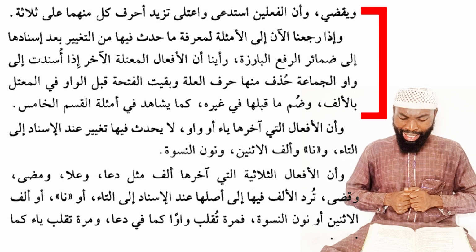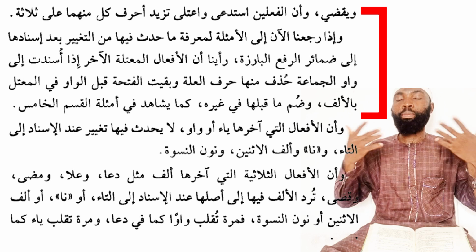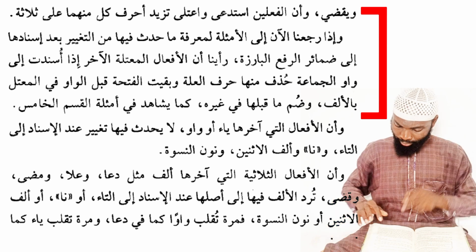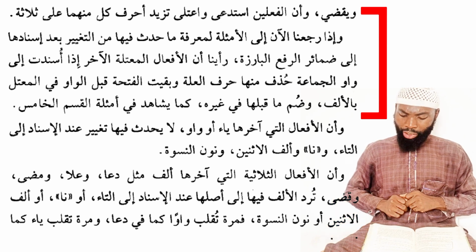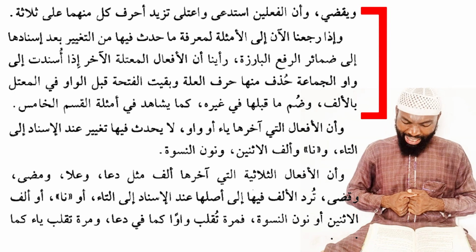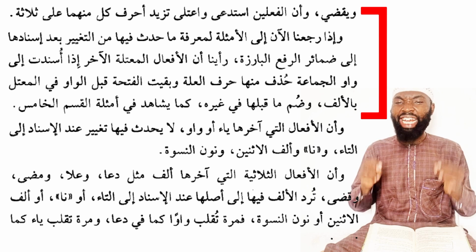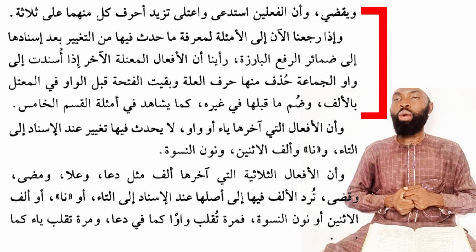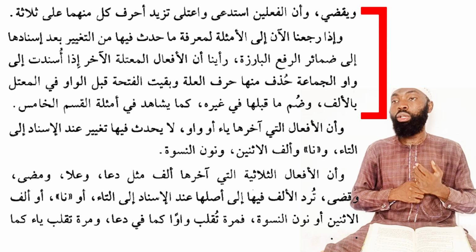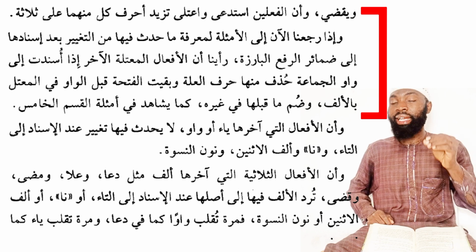And if we return back to the examples now to check the changes which have happened after the attachment of the visible pronouns, you will see that the verbs which end with a weak letter, if they are attached to the waw of plurality, the weak letter will be removed.